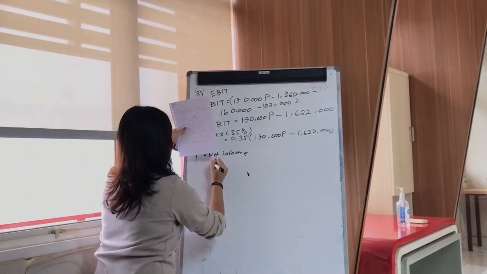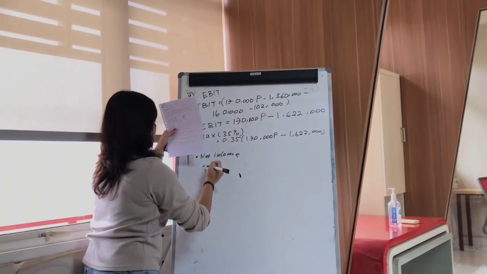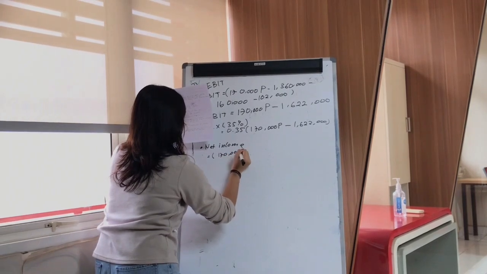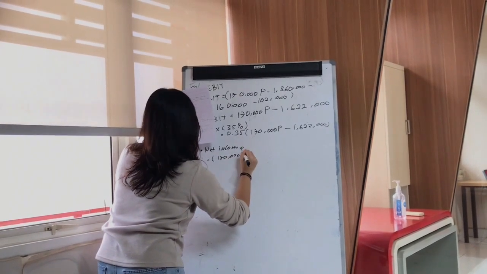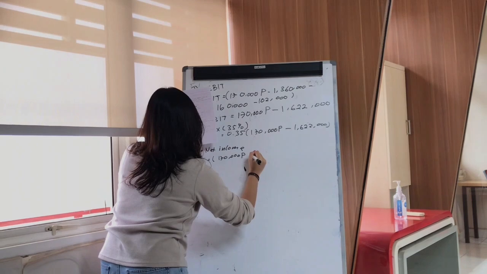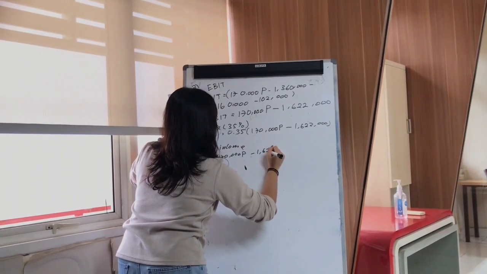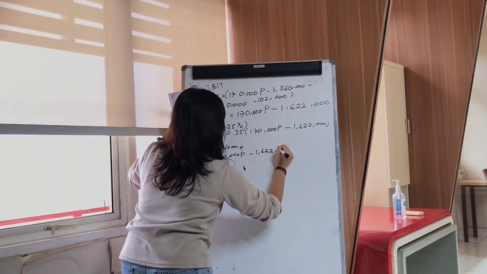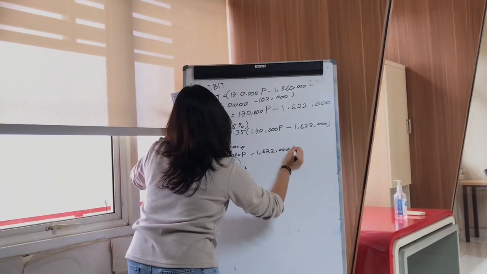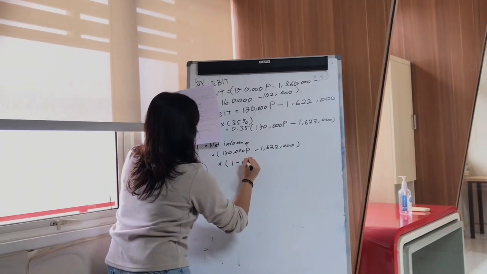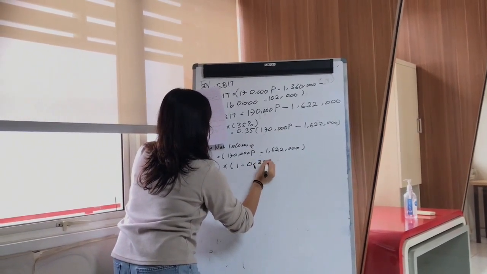Now let's move on to the net income. For net income, we have 170P minus 1,622, times 1 minus 0.35.